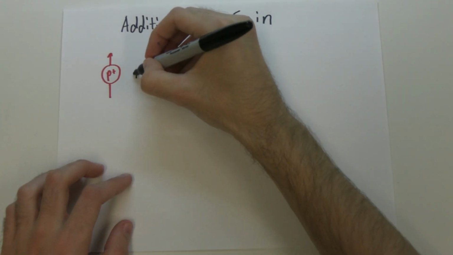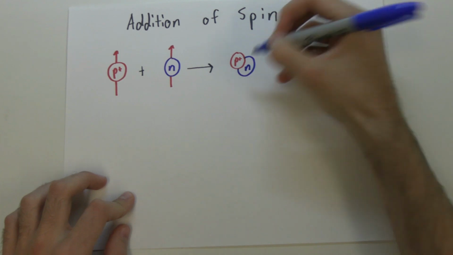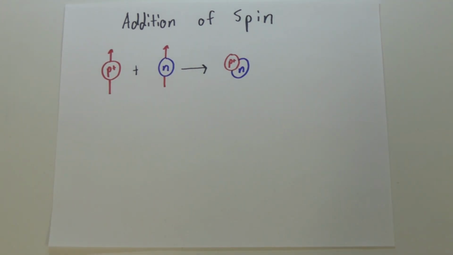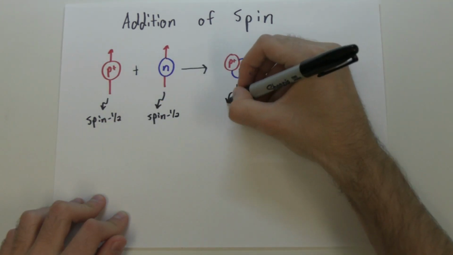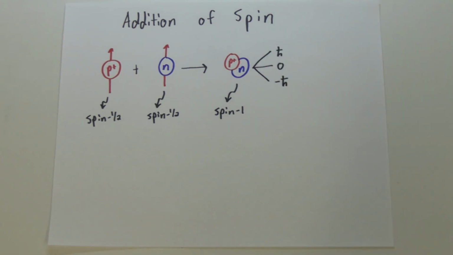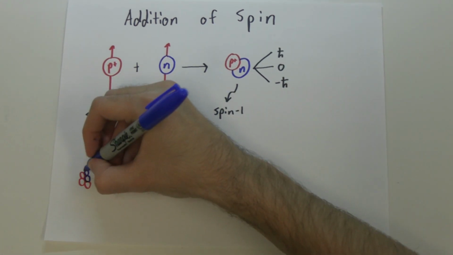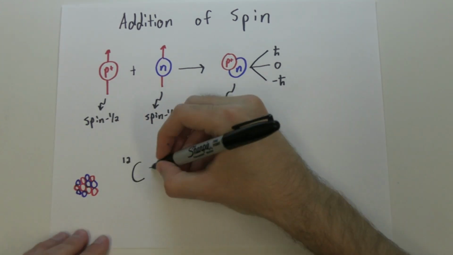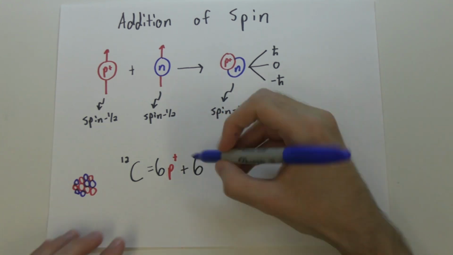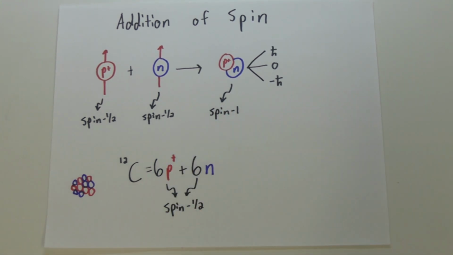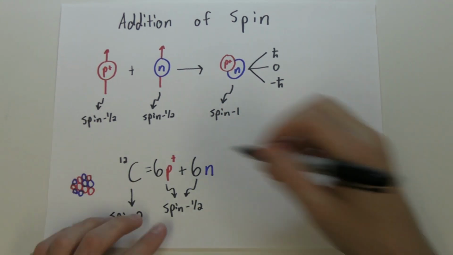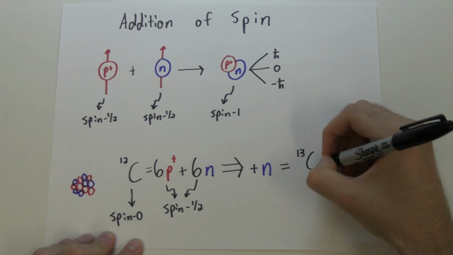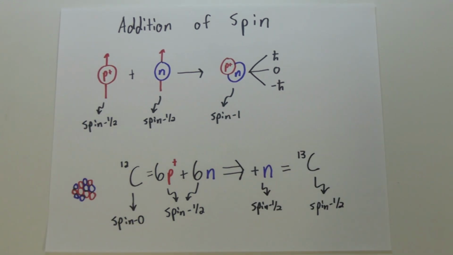For example, although a proton and neutron are both spin half, together they form a spin 1 deuterium atom with three possible values. As another example, the most common form of carbon, carbon 12, is composed of 6 protons and 6 neutrons, but has zero spin. But adding one more neutron, carbon 13 becomes spin half again.